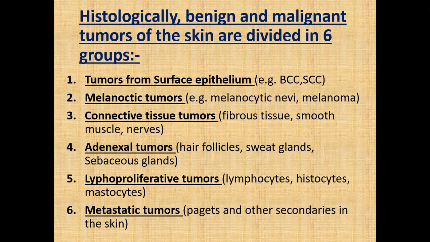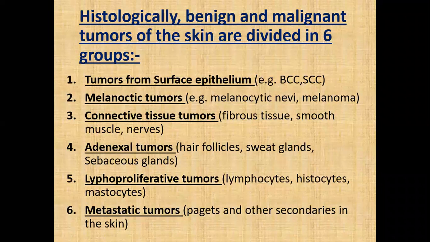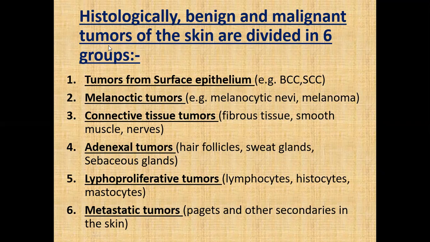That is, those tumors which have a primary site somewhere else and only reach the skin as a manifestation of metastasis. In this tumor group, the main category is Paget's disease and it also includes some other secondaries from different parts of the body. So these are the main histological types of tumor which we come across in dermatology.